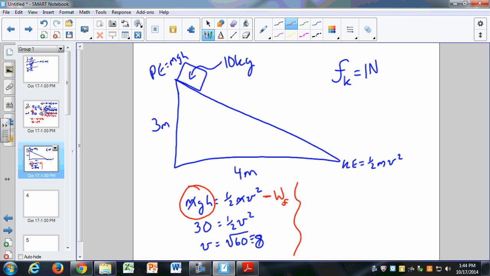Let's redo it here on the right. mgh, that's its initial potential energy, equals, or excuse me, you're not going to deduct it here. You're going to deduct on the left. mgh minus... no, I'm sorry.